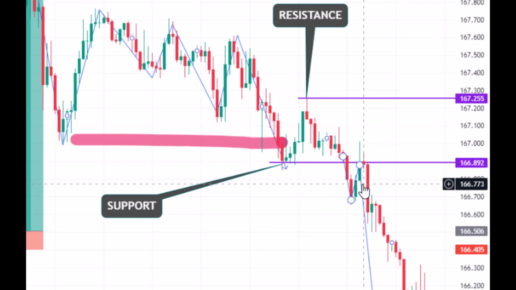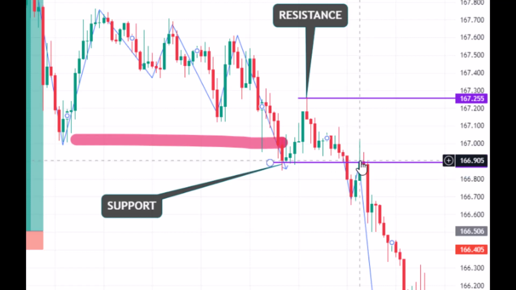We already have weak rejections showing weakness and a shift in market sentiment. We already have the close of a candle. The first candle closes exactly on our level of support, and the second one even closed bearish, in the direction in which we want to sell.